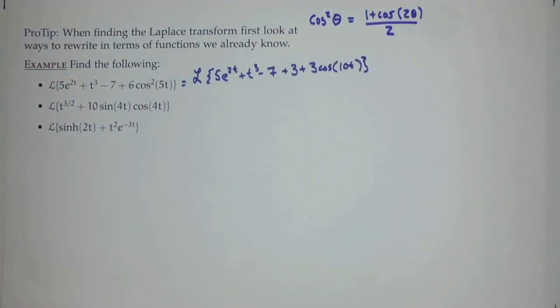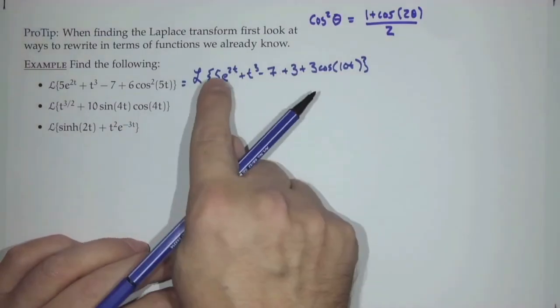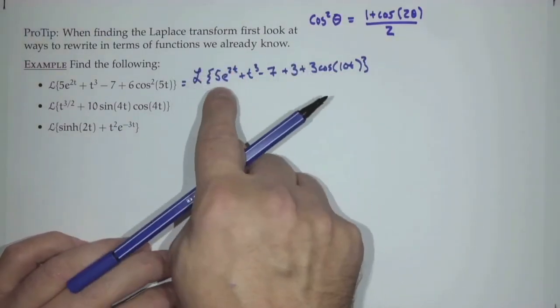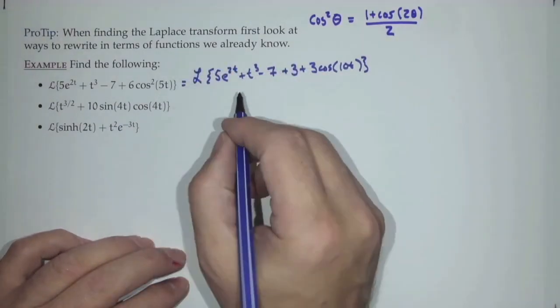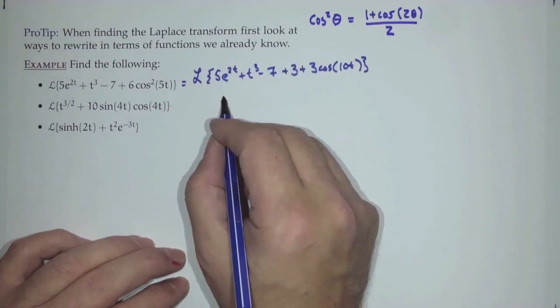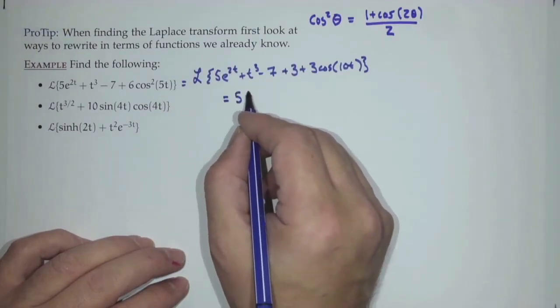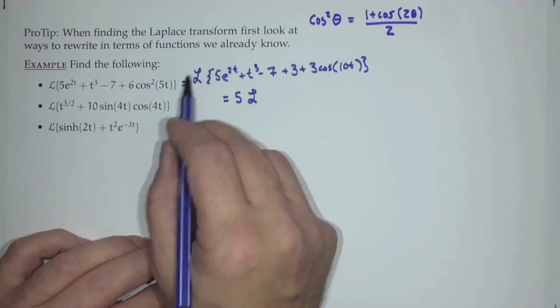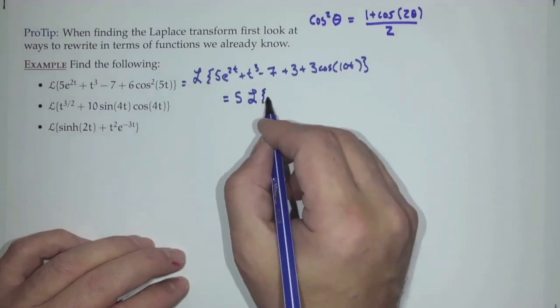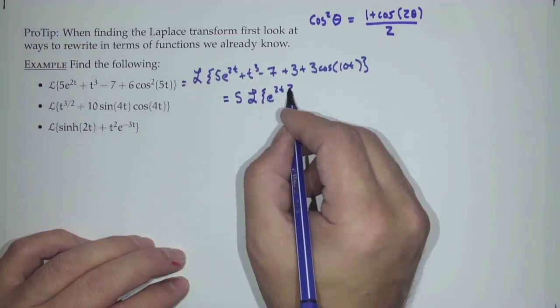All right. Now, because we're just starting out our practice, we're going to go a little bit slow in the sense we're going to be really clear about what we're doing next. And that is, we're going to break this into pieces. Oftentimes at this step, we almost write down our answer. But let's be careful. So, well, 5 comes out, Laplace transform of e to the 2t.